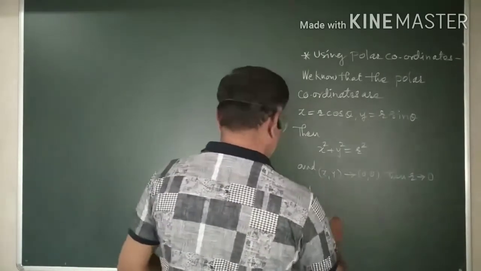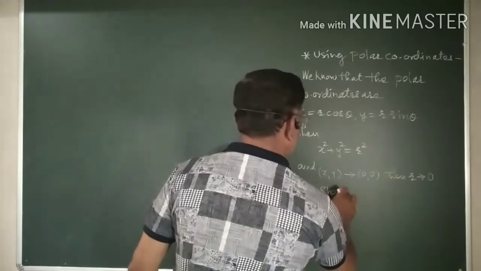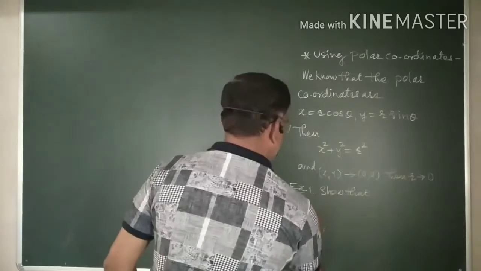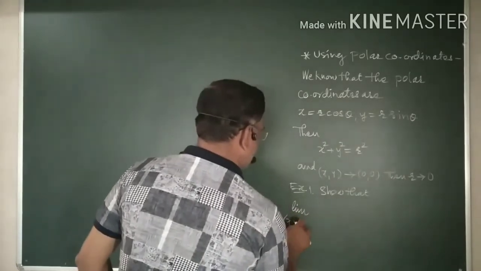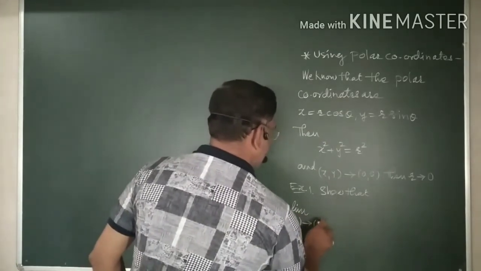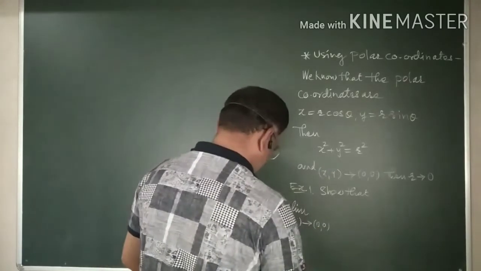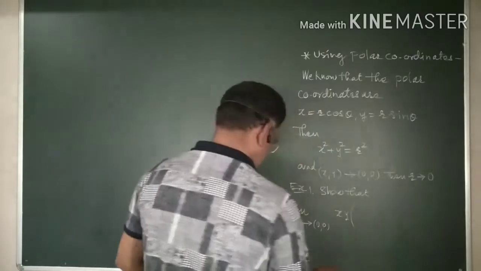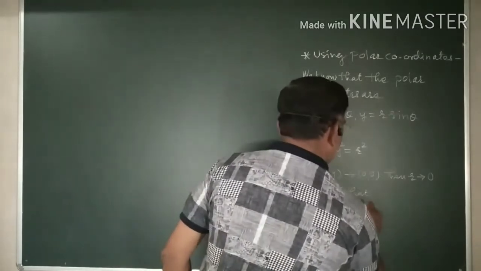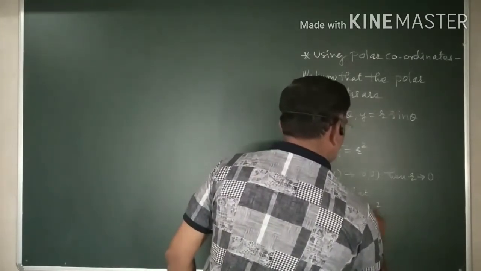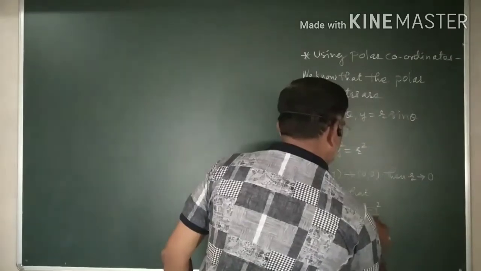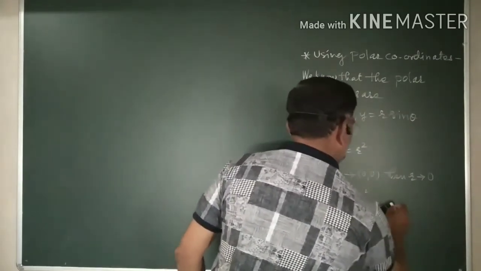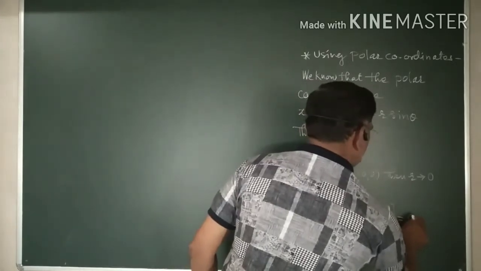Example 1: show that limit as (x, y) tends to (0, 0) of xy into (x square minus y square) upon (x square plus y square) is equal to 0.